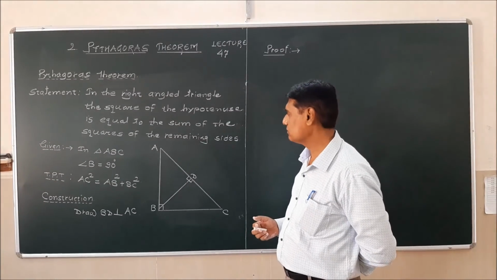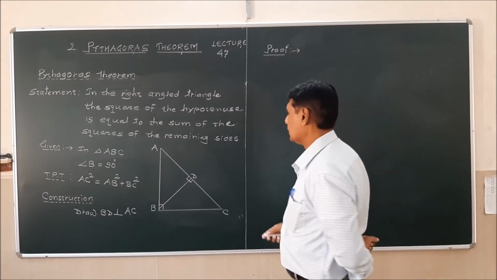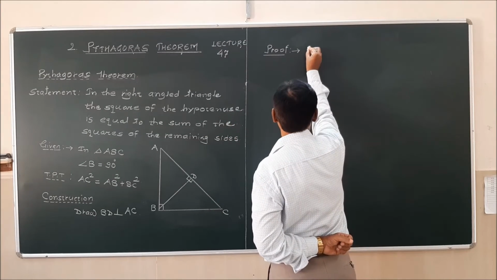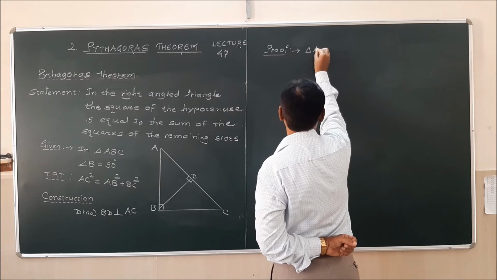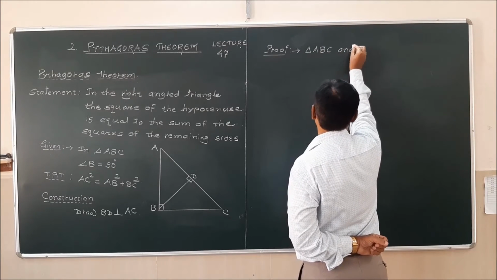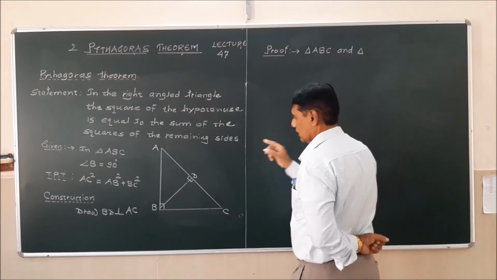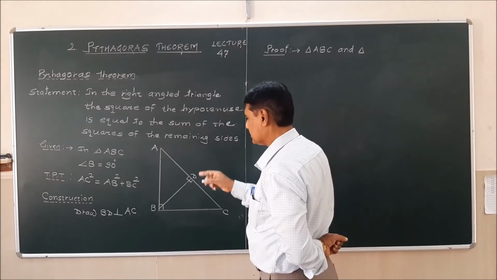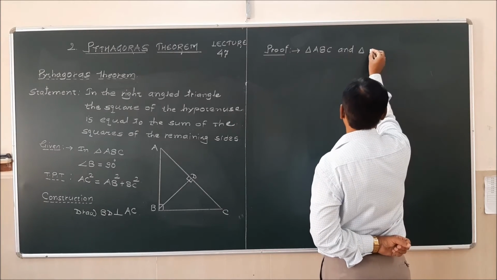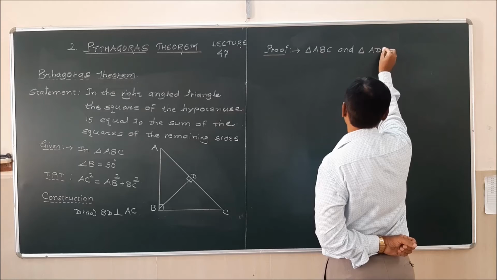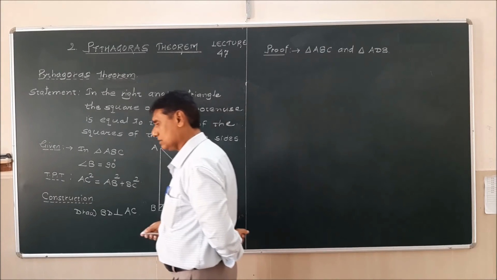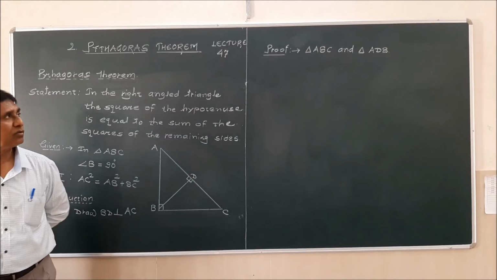So here in this case you will find triangle ABC and triangle ABD, they are similar to each other.